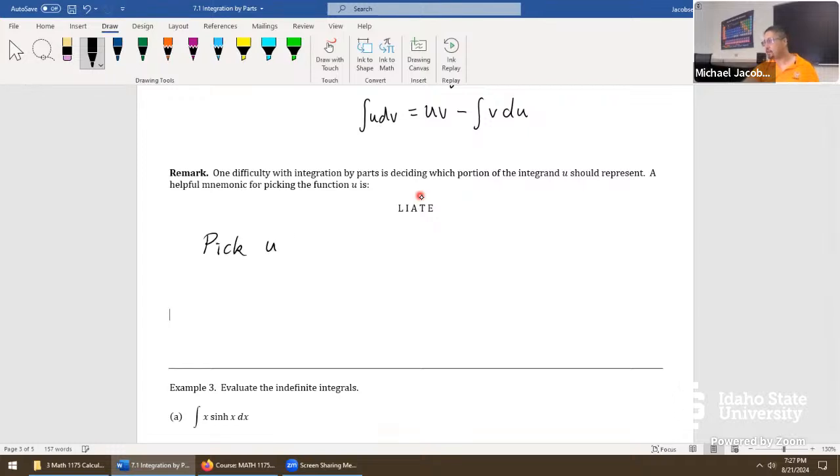Pick u by first selecting L, logarithmic functions.